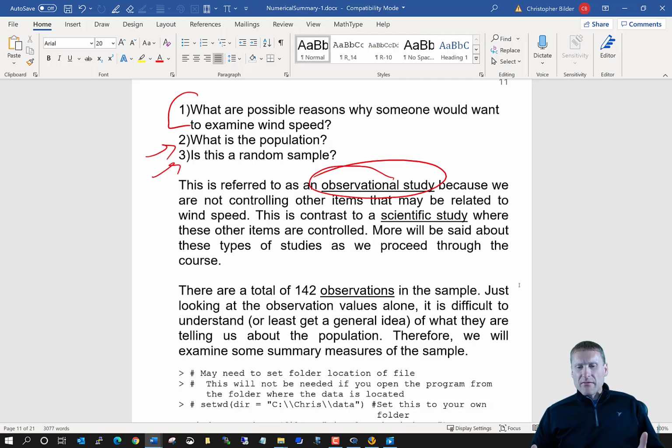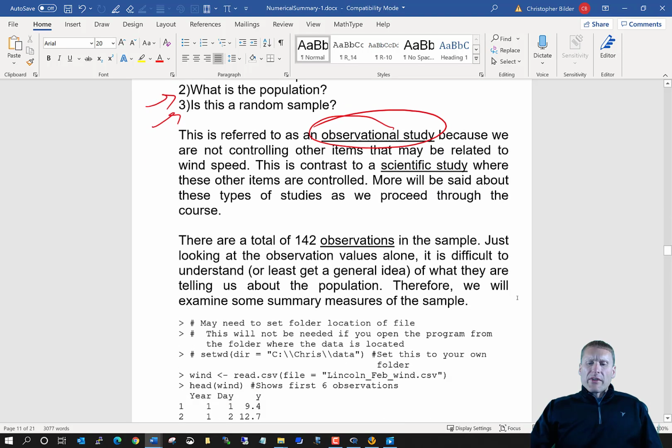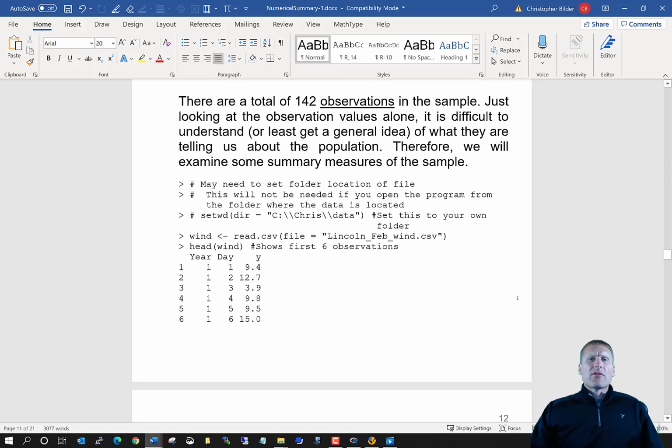This is in contrast to a scientific study where we would actually try to control these additional items. We will have many more examples of understanding what observational and scientific studies are as we go along in this course. So in total in this data set, we have 142 observed values.